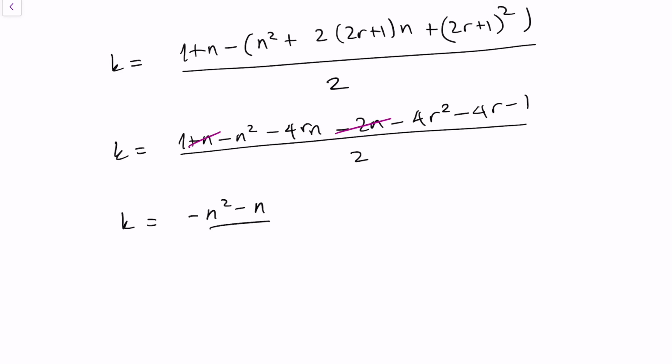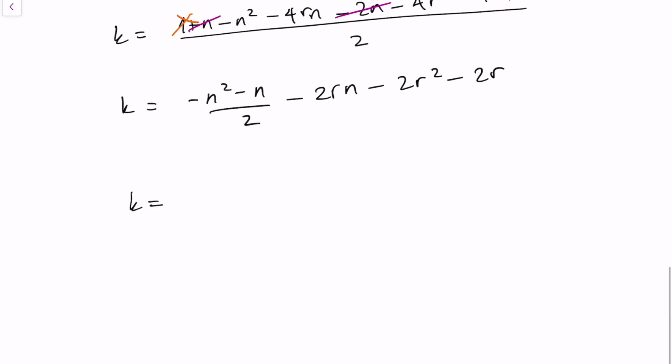And if we divide this by 2, because the rest of the terms, as you can see, 1 here will cancel with that one, the rest of the terms are divisible by 2. So we have minus 2rn minus 2r squared minus 2r. And we can write this as k is equal to minus n squared plus n over 2, minus 2rn minus 2r squared minus 2r.